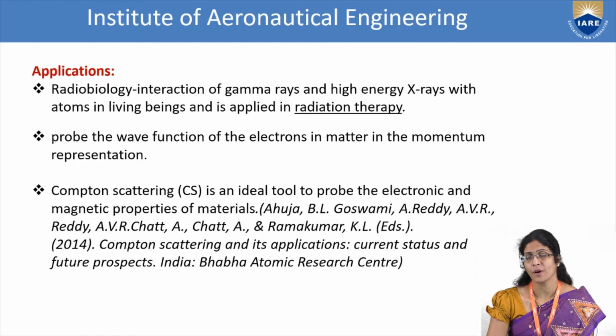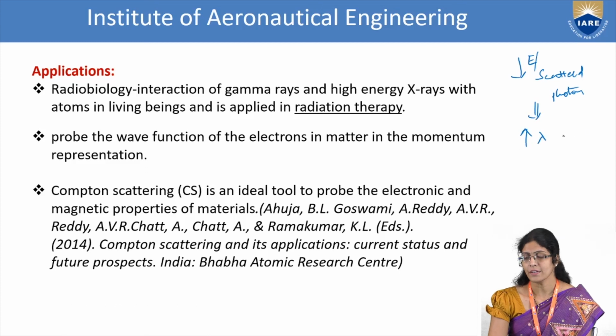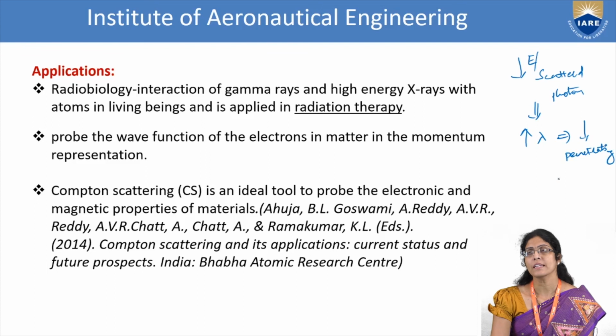The point I want to stress here is that there is a decrease in the energy of the scattered photon. A decrease in energy means an increase in wavelength. An increase in wavelength means a decrease in penetrating intensity. When there is a decrease in the penetrating intensity, this is very safe.